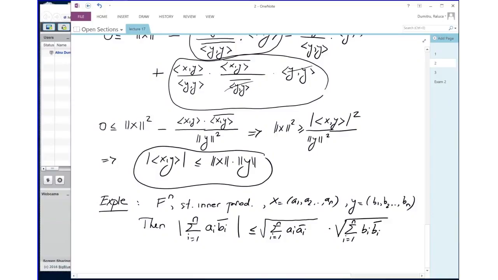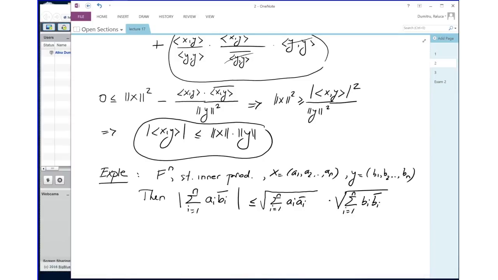And here it is, Cauchy-Schwarz for numbers, for complex numbers. Okay, you can replace a_i and b_i by whatever complex numbers you want, or real. This inequality will be satisfied.